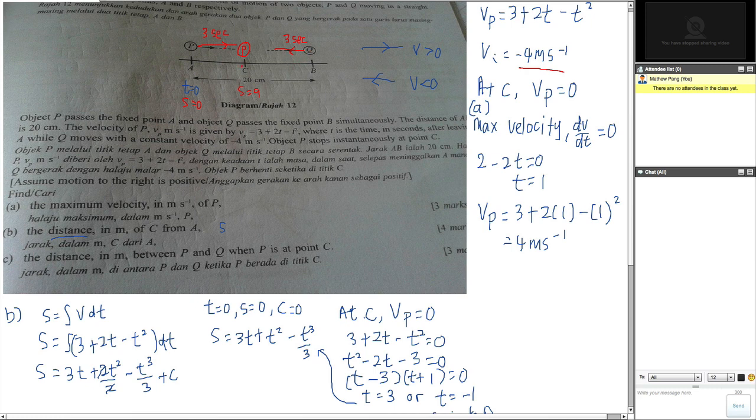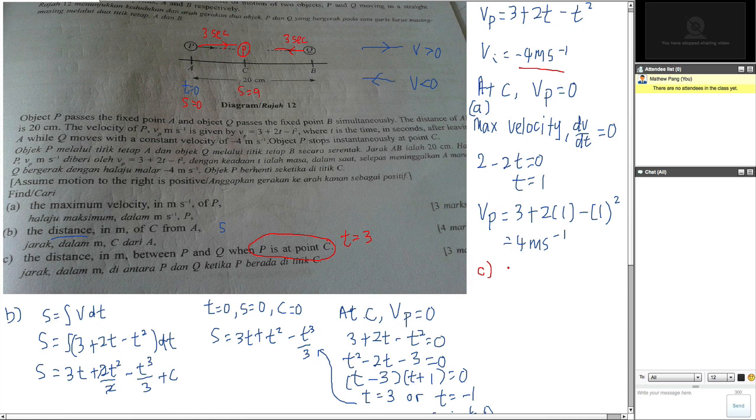Because when P reaches C, P is going to stop here, right? So the question asks the distance between P and Q when P is at C. This information, when P is at C, is trying to tell you that when t equals 3, what is their distance? Alright, so you must understand this kind of question before you can solve it. So let me do C here, just to save some space.